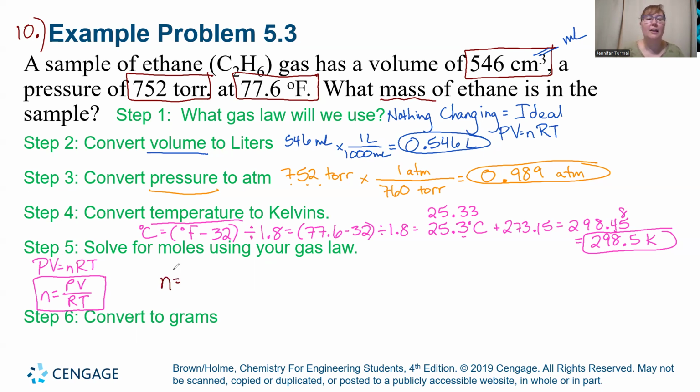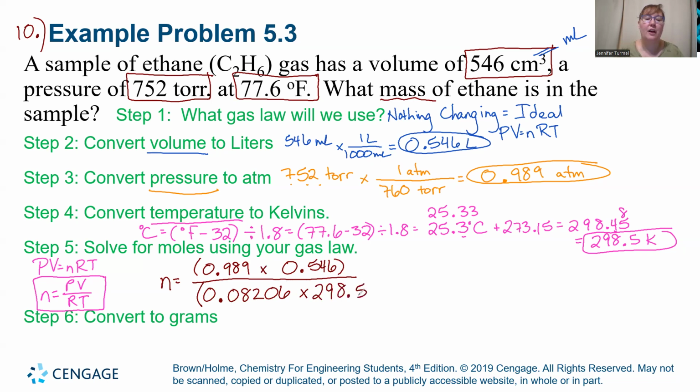Our pressure right here is 0.989 times our volume, which we have up at the top, 0.546, divided by our R value, which never changes, 0.08206, times our temperature value here, 298.5.